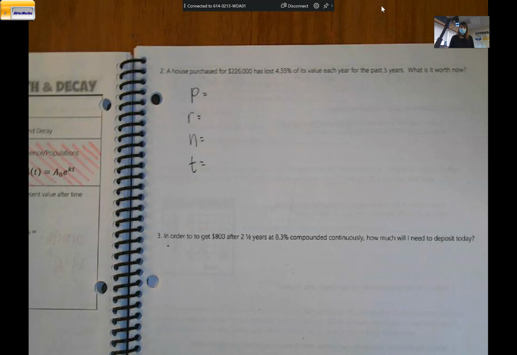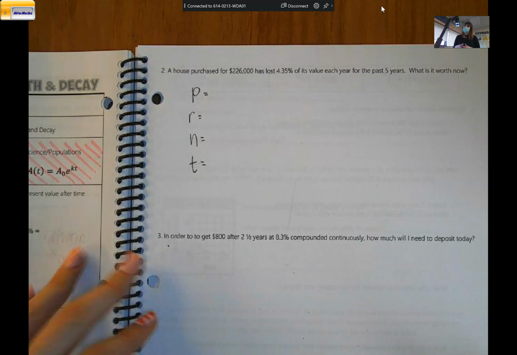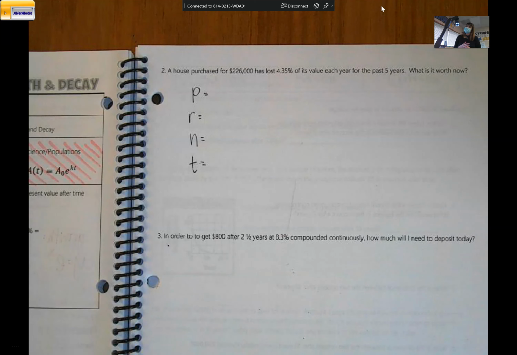A house purchased for $226,000 has lost 4.35% of its value each year for the past 5 years. What is it worth now? So this one's slightly different.